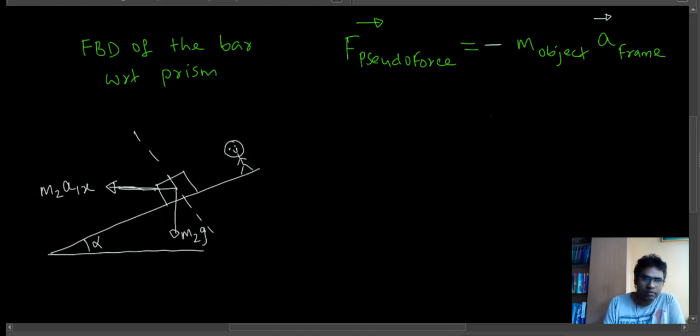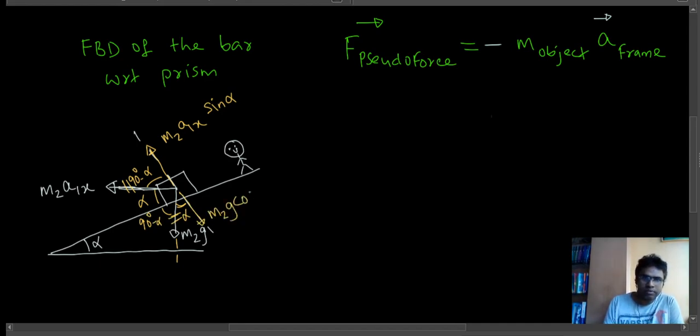This is angle alpha, so we know this angle is 90 minus alpha. If I take the component of the pseudo force along this line, we should get m2 into a1x multiplied by cos of 90 minus alpha, which is sin alpha. And then this angle is again alpha.